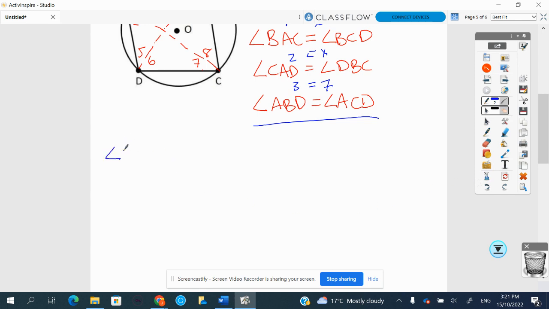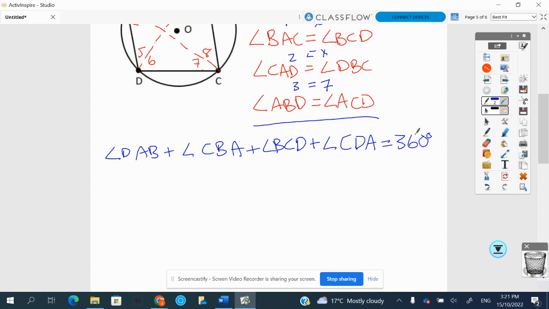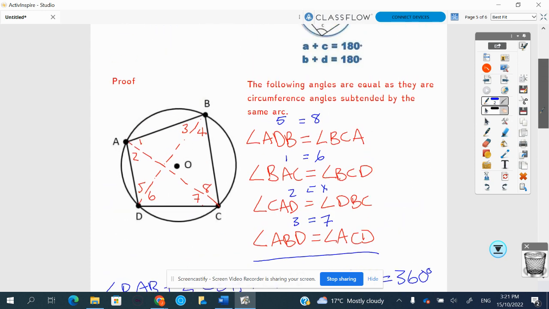So that means that angle DAB plus angle CBA plus angle BCD plus angle CDA will equal 360 degrees. As you can see, each of those angles are represented by 8 numbers.